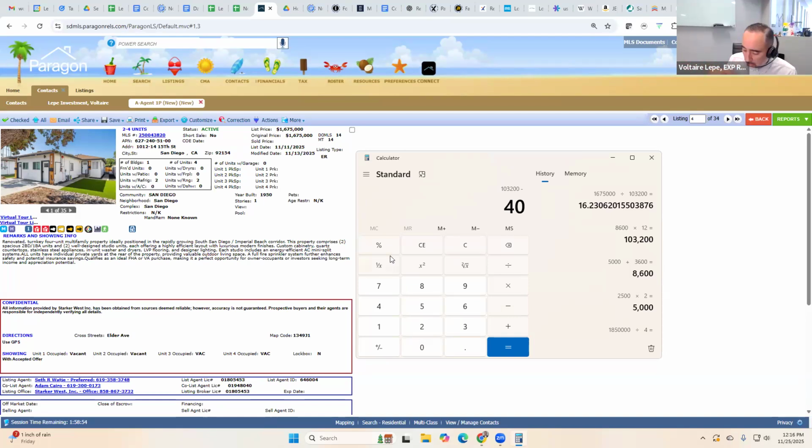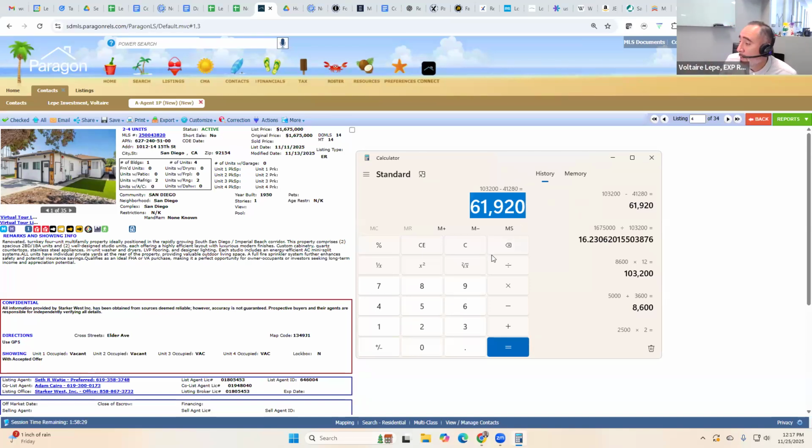It doesn't include your monthly payment, okay? Just taxes, insurance, and then maintenance, toilets, and trash and things like that. So I'm going to subtract 40%. So this is your net operating income, all right, Guillermo? So every year you would get 61,000 if you bought it cash. So that's 5,000 a month in your pocket.